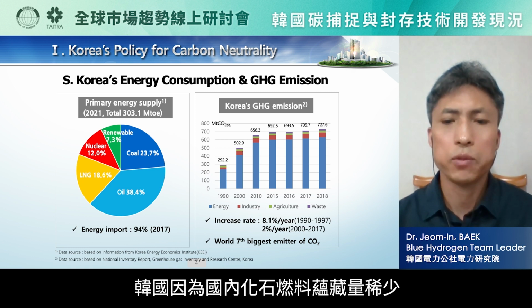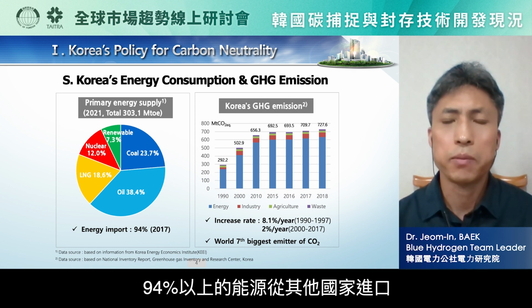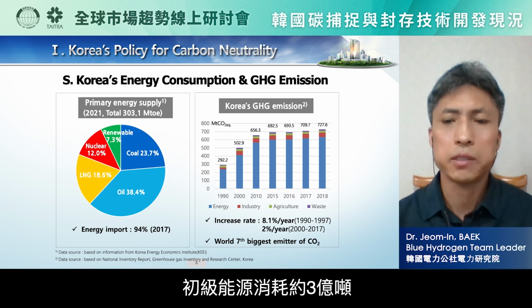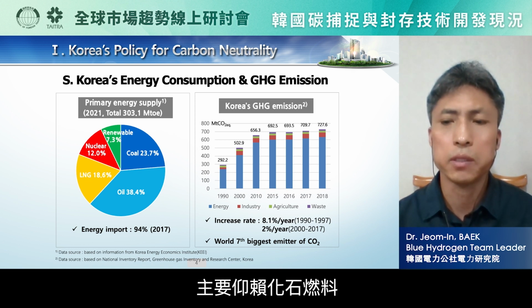Korea is importing more than 94% of its energy use from other countries because fossil fuel resources are few in Korea. Korea's primary energy consumption is around 300 million TOE, depending mainly on fossil fuels.